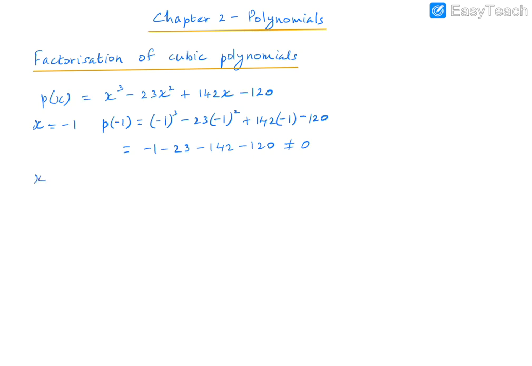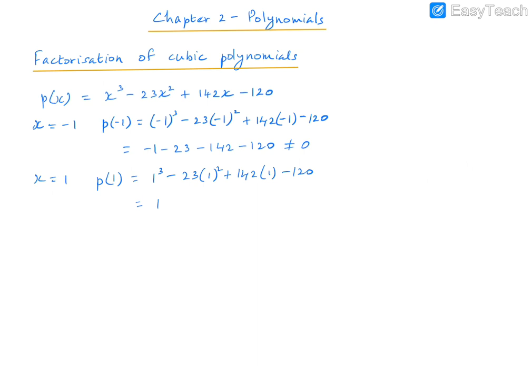So let us check x equal to 1. We will find p of 1. That will give us 1 cube minus 23 into 1 square plus 142 into 1 minus 120.